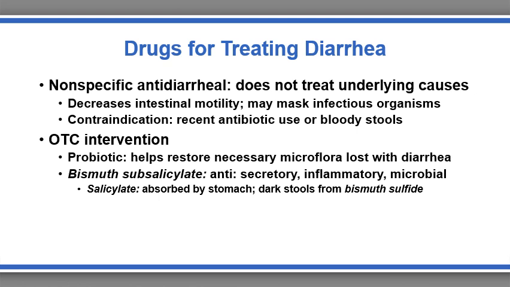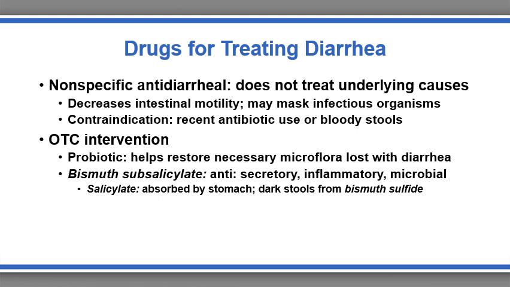It tends to be very good for treating diarrhea as well, for different reasons other than just decreasing intestinal motility. Because it has a salicylate in it, as it gets absorbed in the stomach, it could cause dark stools. So one of the things is when people take Pepto-Bismol, they see their stool darken.